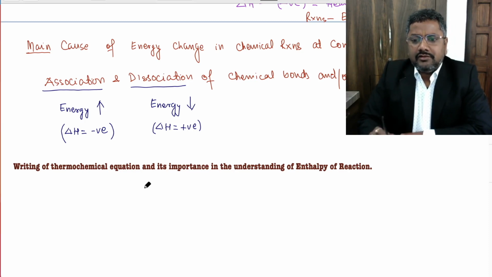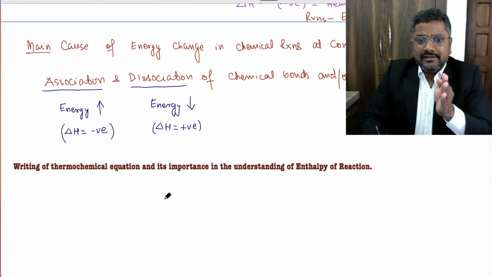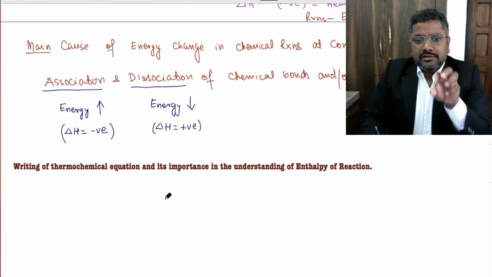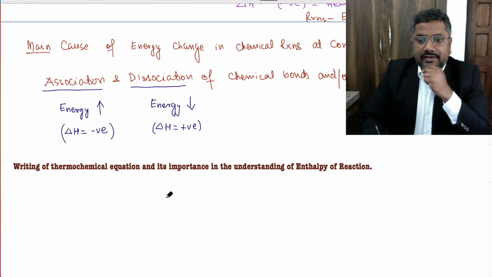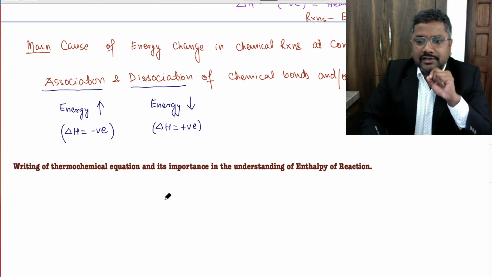See, whenever you are writing any thermochemical equation, some points should be kept in your mind: you have to write the reactant and product not only in the bare form, but you should specify their physical states as well, because this is a very important feature of a thermochemical reaction.